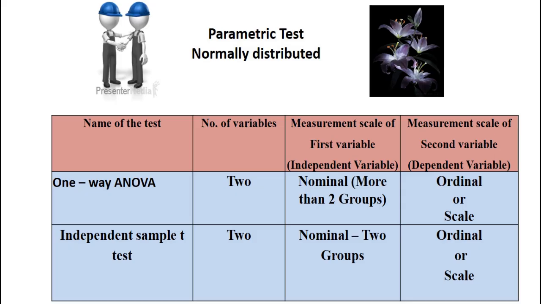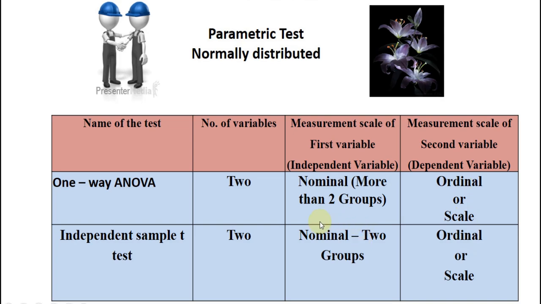For a parametric test, our data should be normally distributed. Usually we can check normality for scale data; we can't check normality for ordinal data. But in social science research, most of the time we are using Likert scale data for data collection. So we can take ordinal data as dependent variables sometimes, with some conditions.